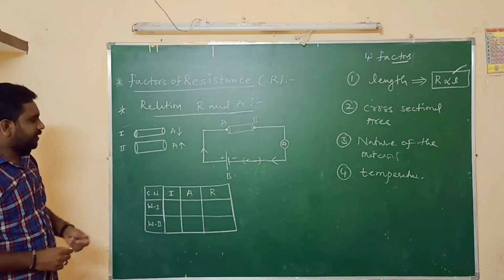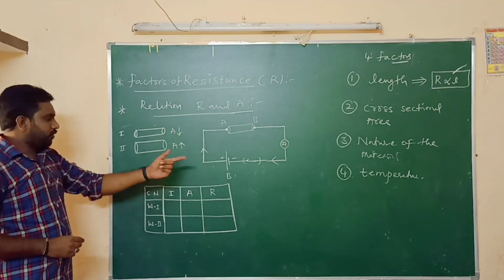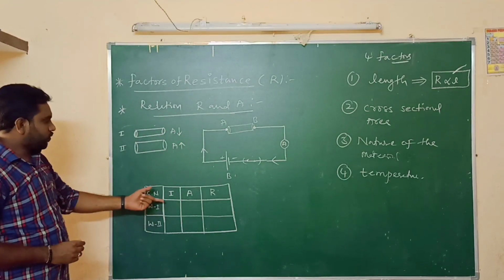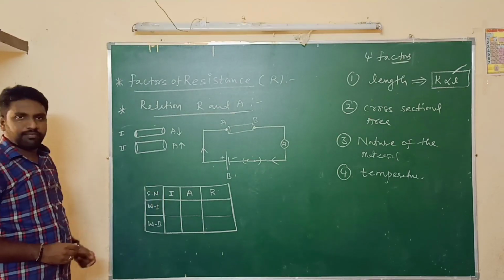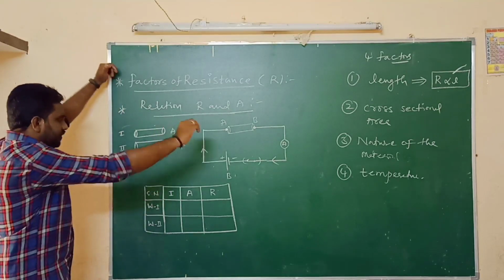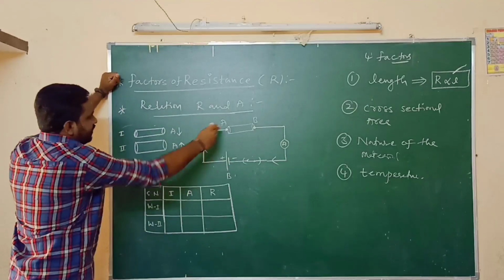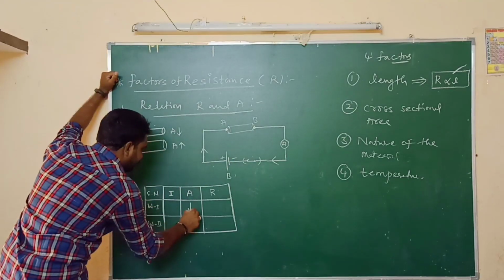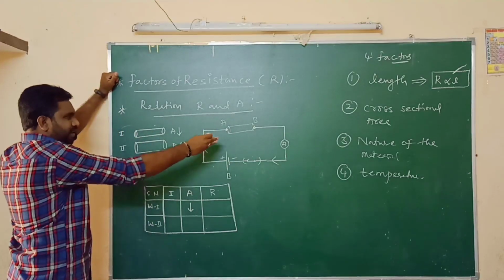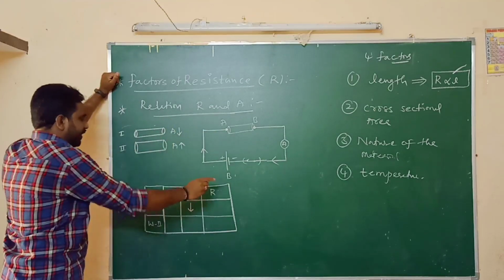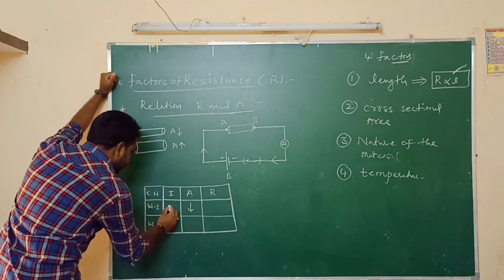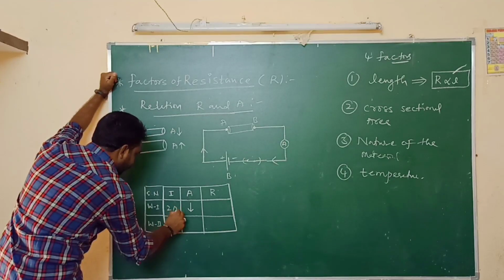Note the reading of current in the given table for wire 1. In case of wire 1, the cross sectional area is less, and for example if you place wire 1, the reading of ammeter will be like this, it is 2 amperes.